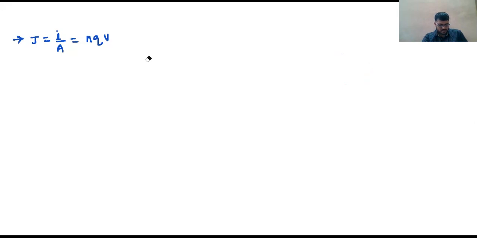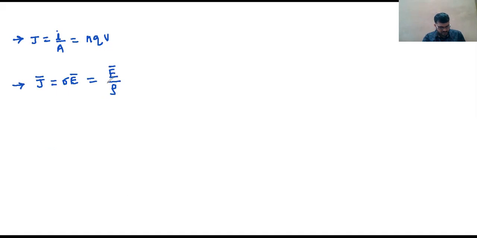Now another formula for current density: J bar is equal to sigma into E bar, and also E bar by this, since sigma is equal to 1 by rho. Therefore this is E bar by rho also. These are some formulas of current density. You can note down.